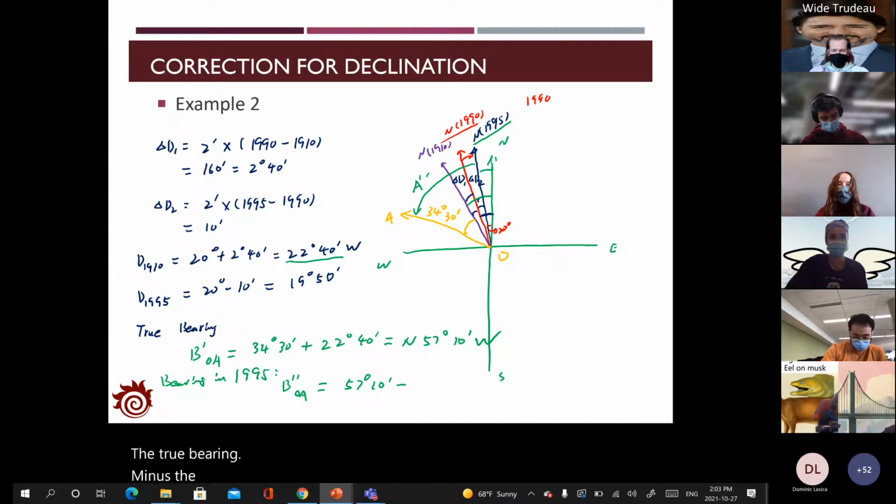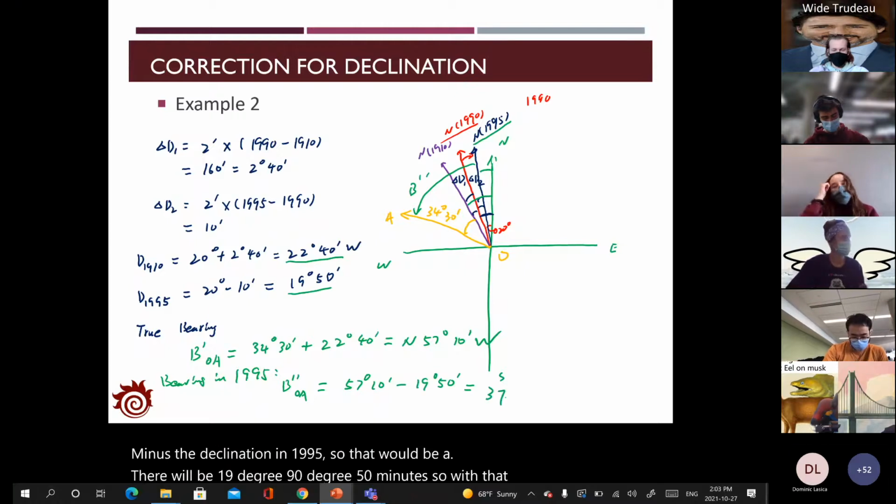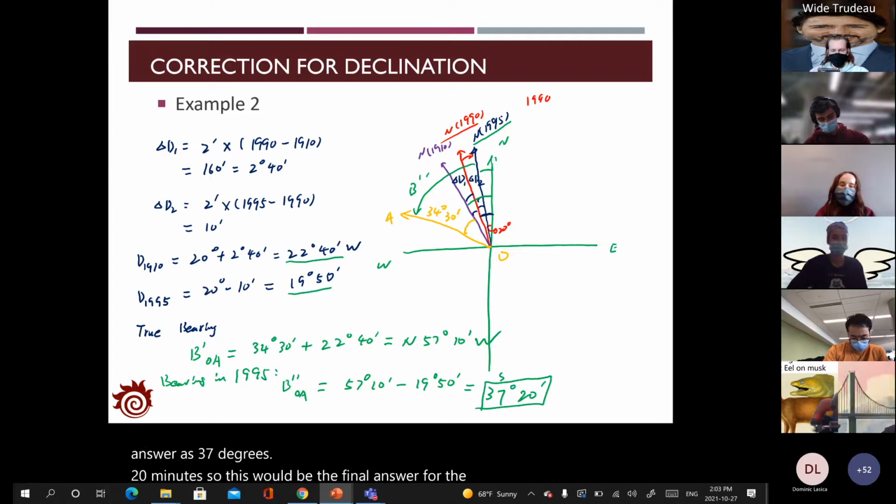So that would be 19 degrees 50 minutes. So with that, you can find out the answer as 37 degrees 20 minutes. So this would be the final answer for the bearing of the direction O to A in 1995.